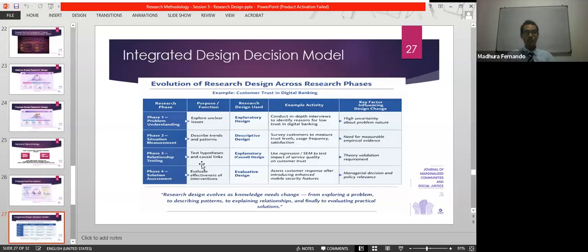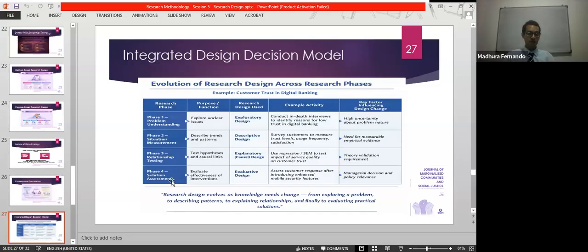And in the third phase, you test hypotheses and causal links. You check whether there is cause and effect using explanatory design, right? Use regression and structural equation models to test the impact of service quality on customer trust, right? So this is a theory validation requirement. That is the explanatory design utility, right?